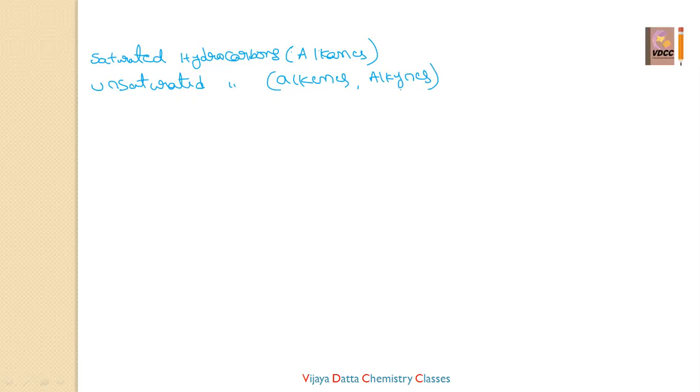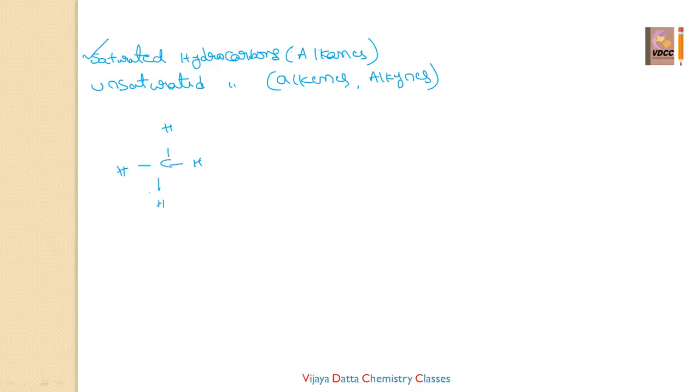Let us see how to define saturated hydrocarbons. Saturated hydrocarbons are the compounds in which all four valencies of carbon are satisfied by atoms or groups. These are also known as paraffins. Very important: what is saturated? Carbon's valency is 4, and all the valency of carbon will be satisfied.